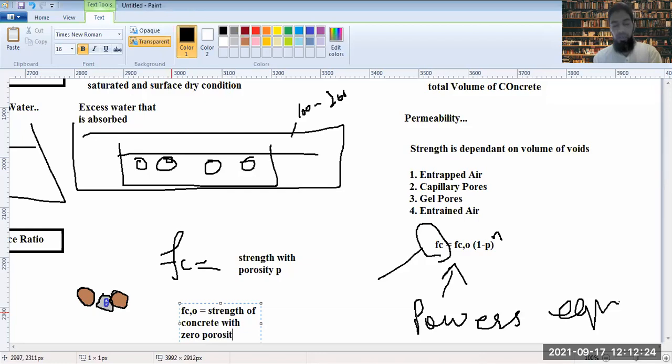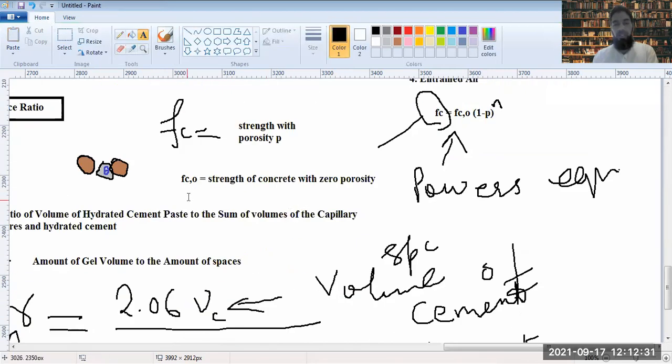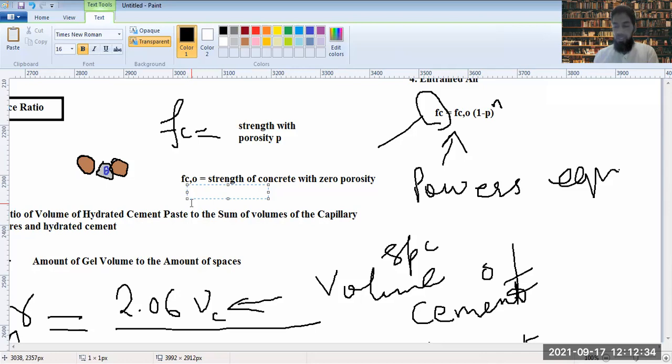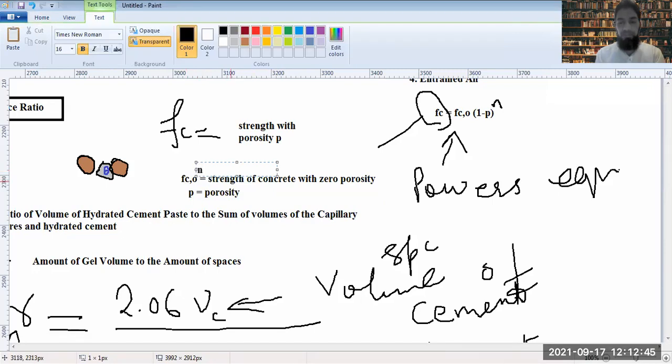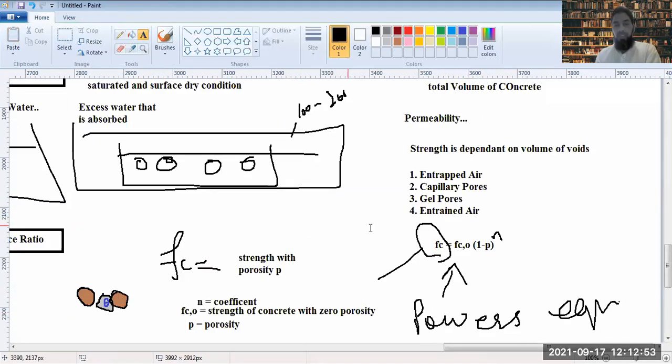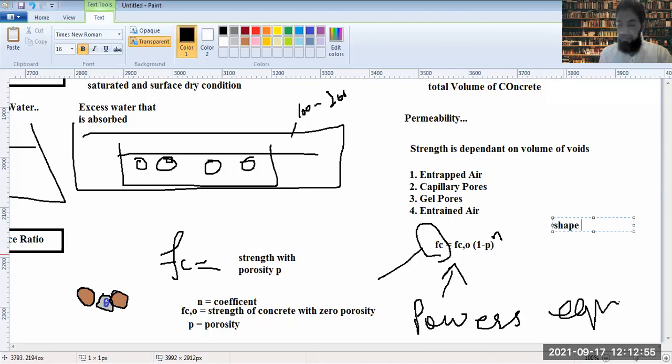Zero porosity means it has got the maximum strength. The pores are almost zero. That is the strength of the concrete with zero porosity, and P is the porosity. What is n? n is a coefficient in this equation. That coefficient would depend upon various things. It would depend upon the shape and size of pores.